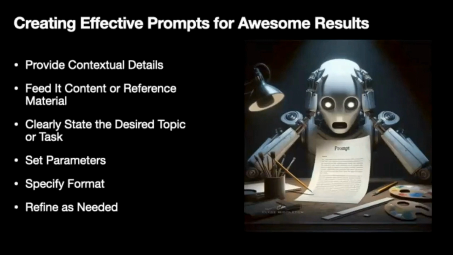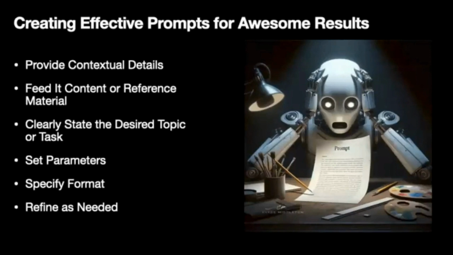You need to clearly state the desired topic or task. You need to say specifically what you want accomplished. An example we're going to do is create 10 social media post ideas designed for Instagram about public speaking. We need to specify the format we want it to come out in. We're going to feed data between ChatGPT and Canva through a comma separated values spreadsheet.